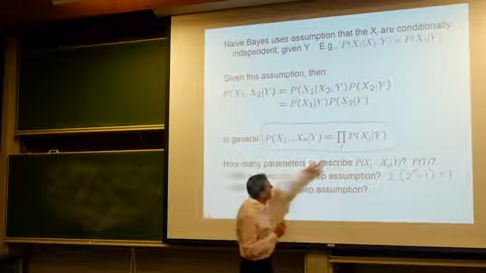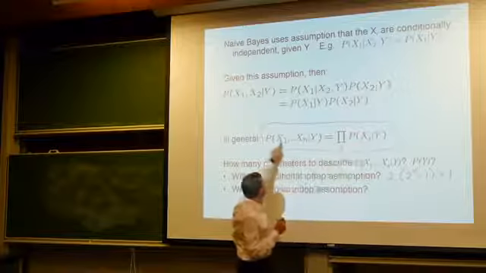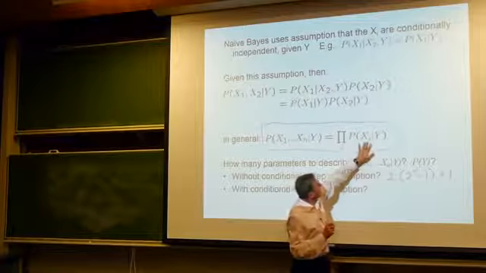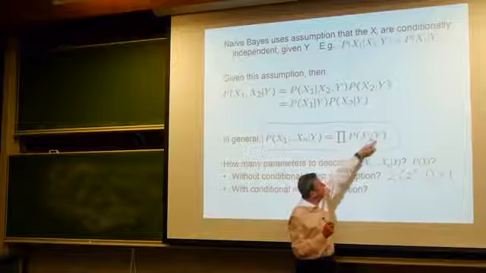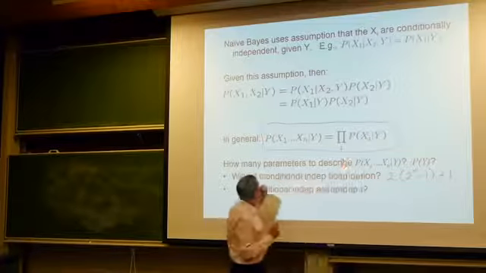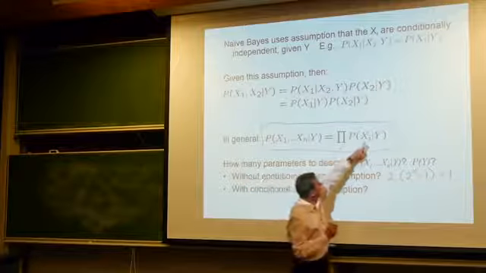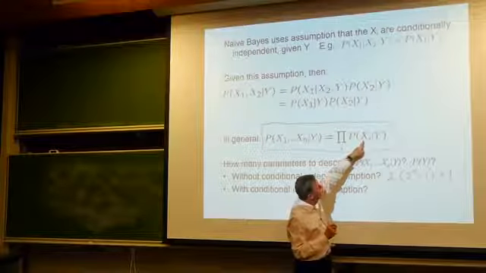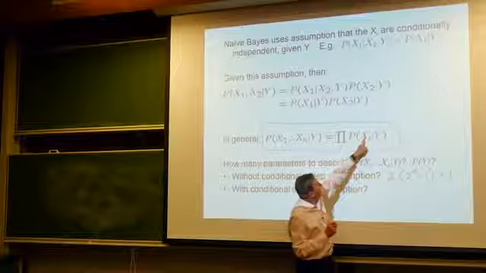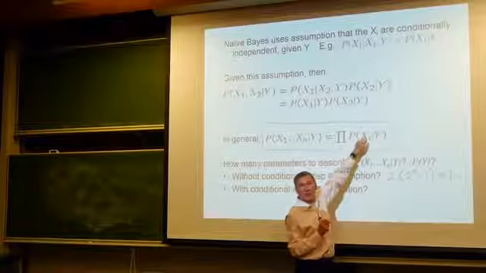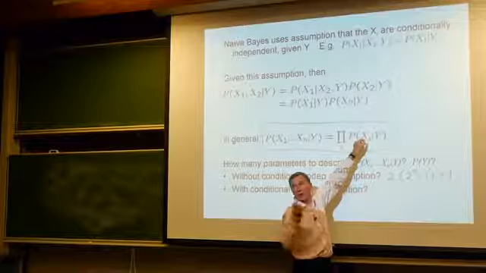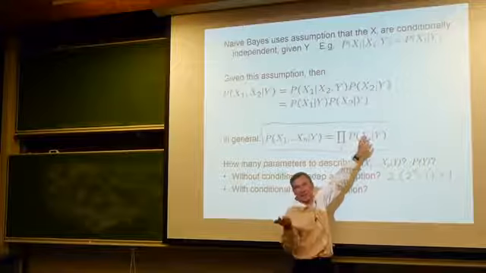So let's see, we're going to have n of these, right? i can be anything 1 through n. For each of these, x can be 1 or 0, y can be 1 or 0. Let's take y equals 1. When y equals 1, we just need the probability that x equals 1. We don't need x equals 0 because that's just 1 minus.